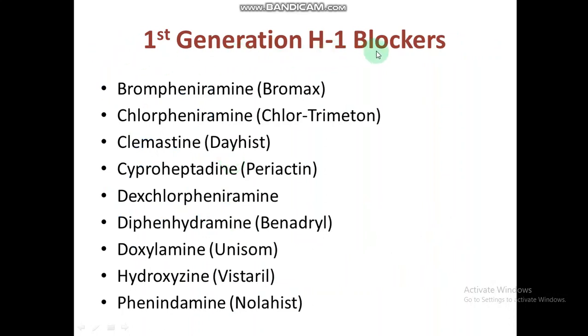First generation H1 blockers. Here we are going to take examples of H1 blockers which are first generation.